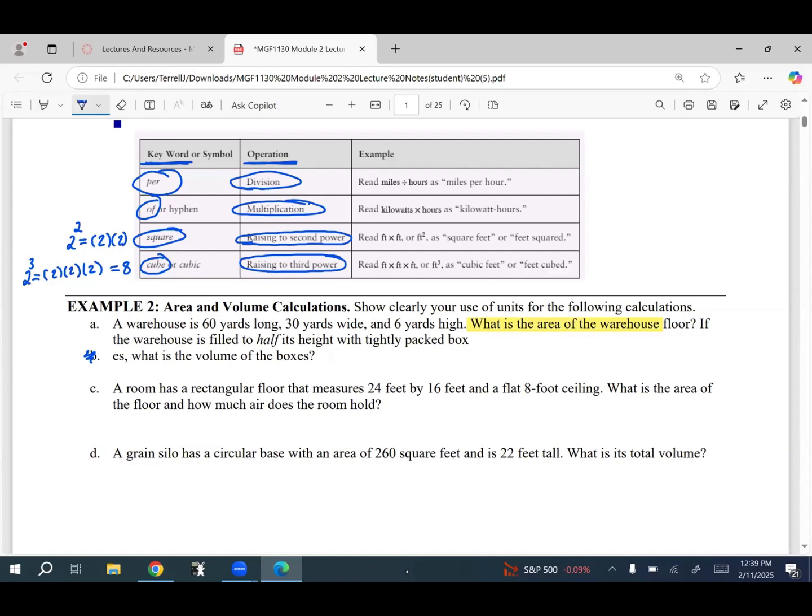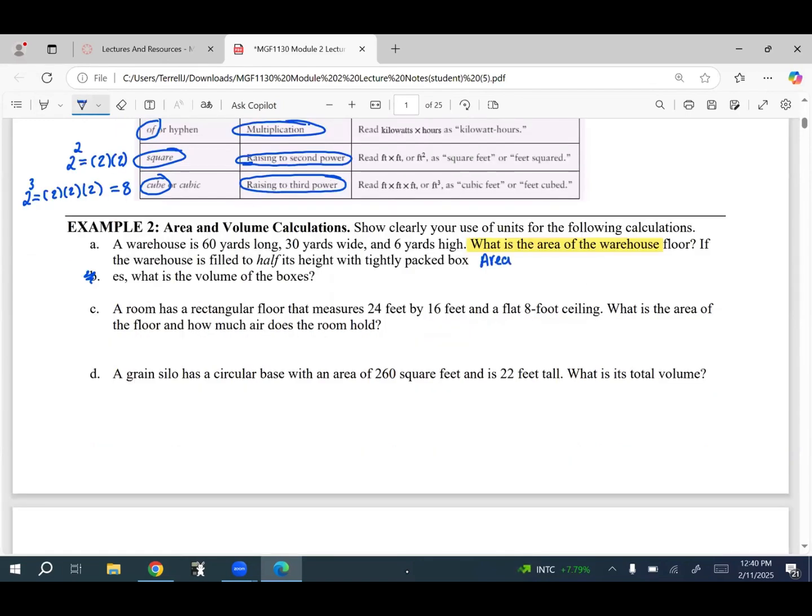How do we find area? I'm going to write that here. Area is equal to length times width. And we have those two values, right? A warehouse is 60 yards long, that's the length, and 30 yards wide, that's the width.